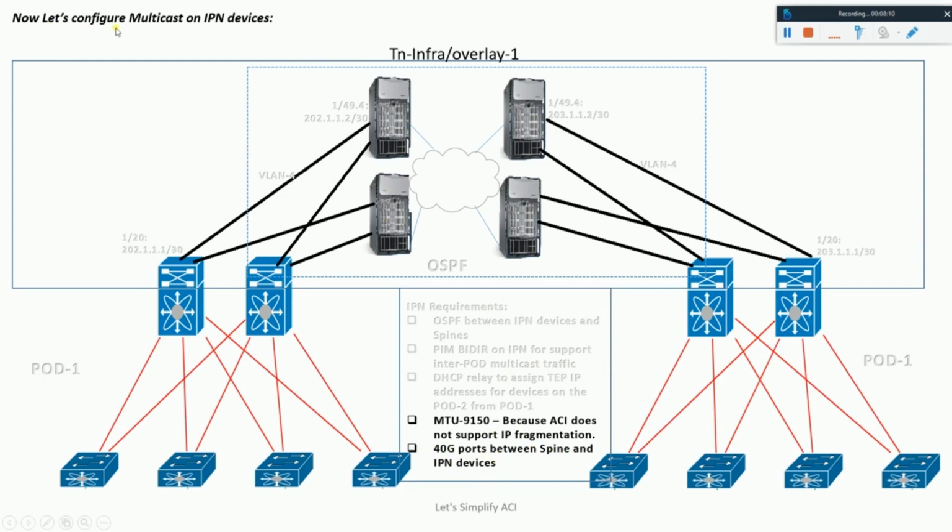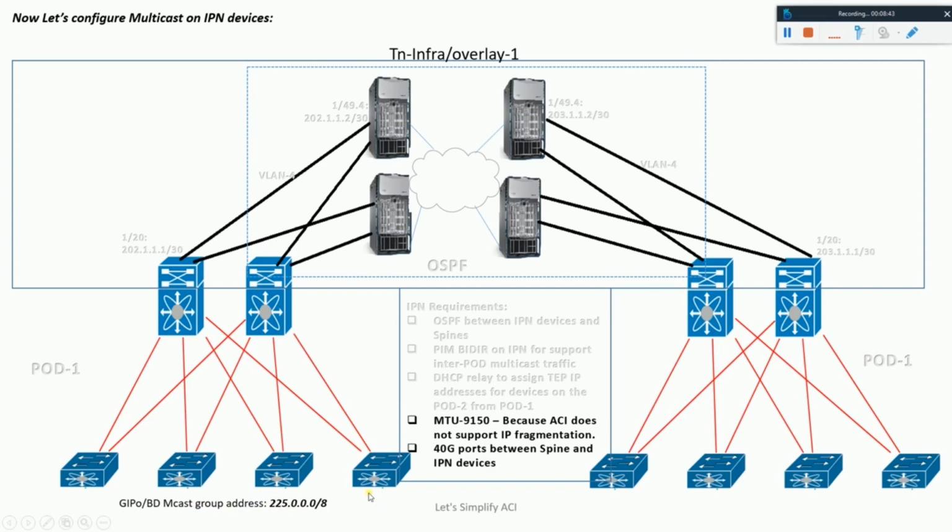So now let's configure multicast on the IPN devices. As we all know, during our initial fabric initialization, as I have already told you in one of my very initial video sessions, this GIPo group address is basically the multicast group address pool which is given to the bridge domain when a bridge domain is configured.